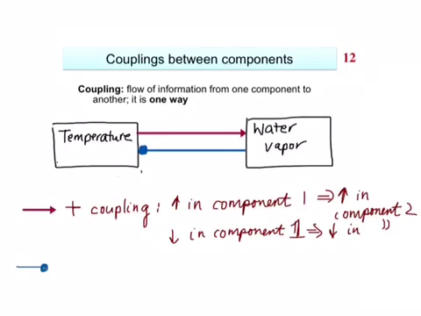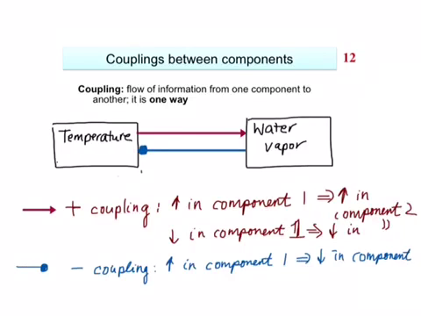So this feature describes a negative coupling where an increase in component 1 leads to a decrease in component 2. And the reverse is also true with a negative coupling. A decrease in component 1 leads to an increase in component 2.